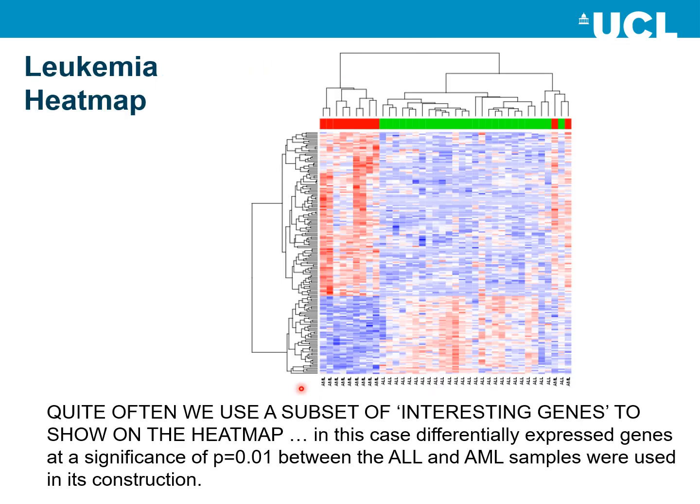So here's a leukemia heat map. So these are the acute myeloid samples. So in this case we've selected a subset of genes which are significantly different at p equals 0.01. So we've got much cleaner clusters.